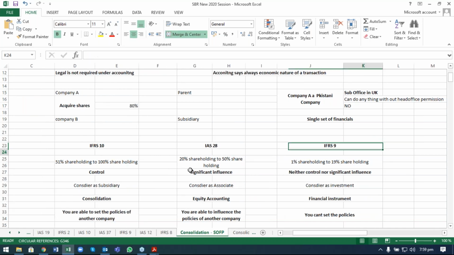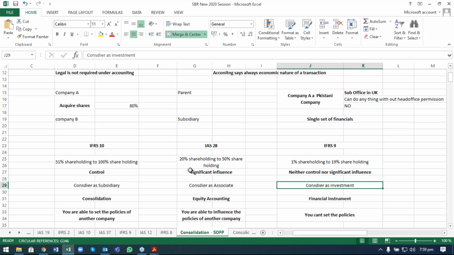But if you have acquired the shares of a company from 1% to 19%, so you are neither exercising control nor have a significant influence, you're going to consider that as an investment and it should be accounted for under IFRS 9, equity instruments, either at fair value through profit and loss or fair value through other comprehensive income, depending upon the intention of the management, what management intended with that equity instrument, with those shares.